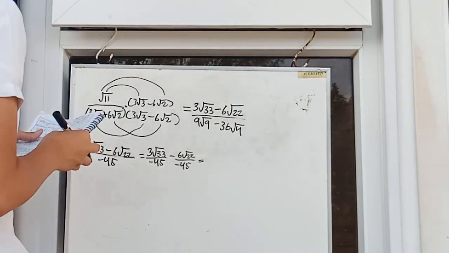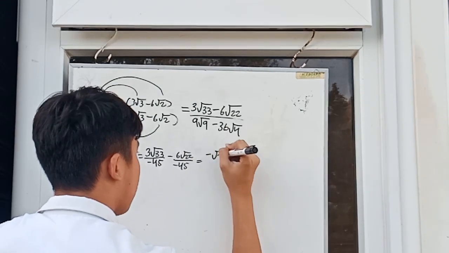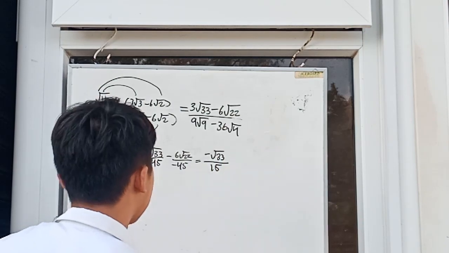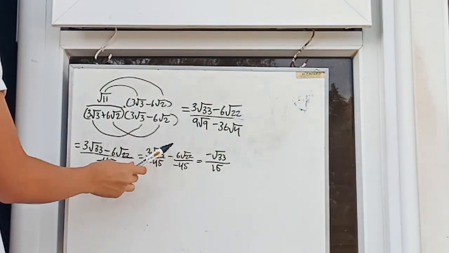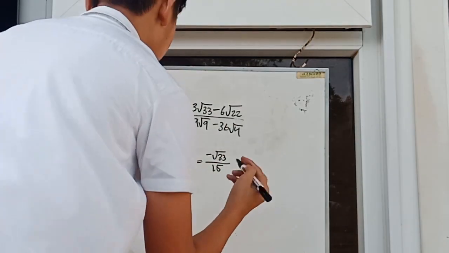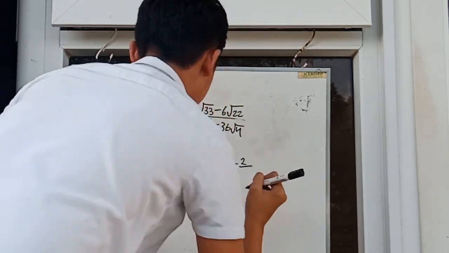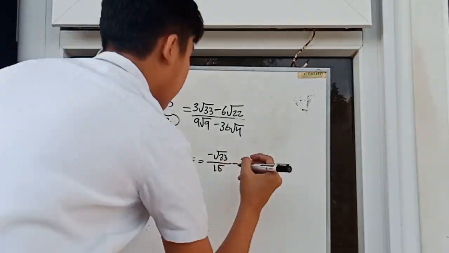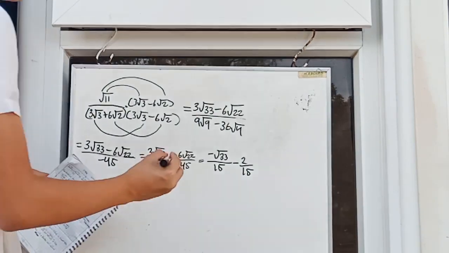Oh, wait, yeah. We put the negative up here, 33 over, and we put 15 here. Now, even though 45 isn't divisible by 6, you can just divide it by 3. So 6 divided by 3 is 2, and 45 divided by 3 is also 15. And this is the final answer.